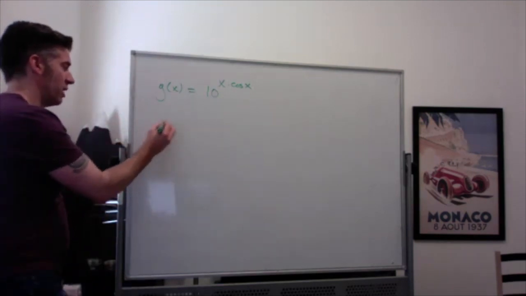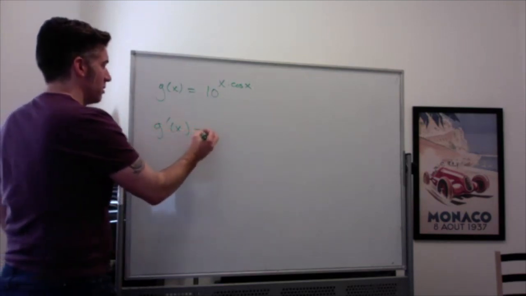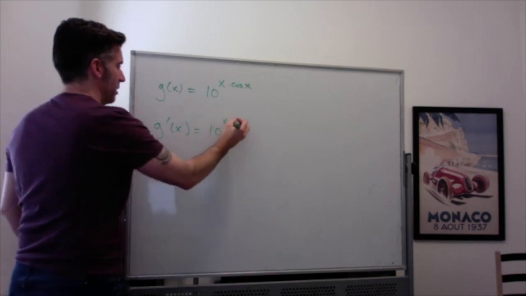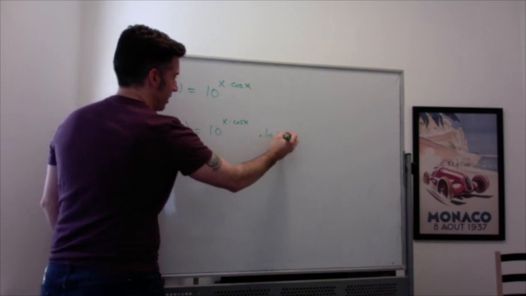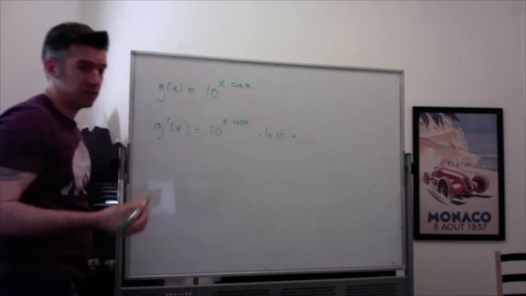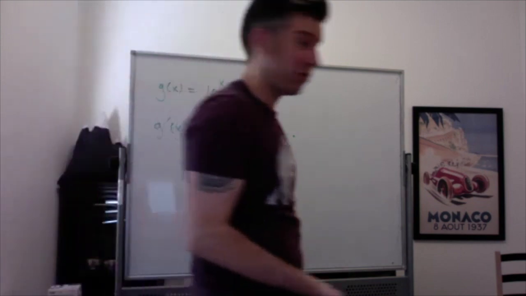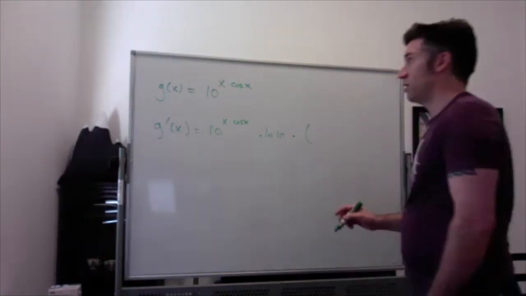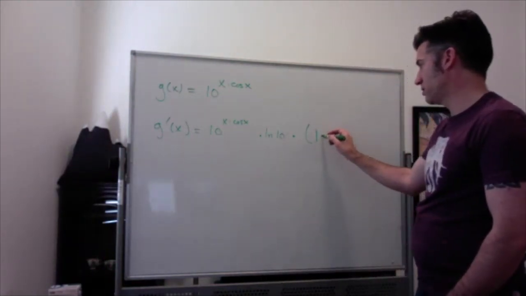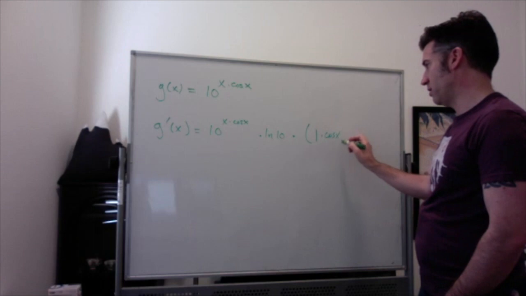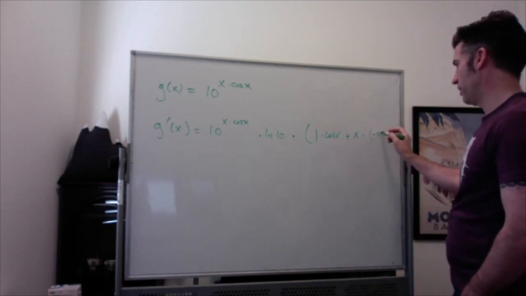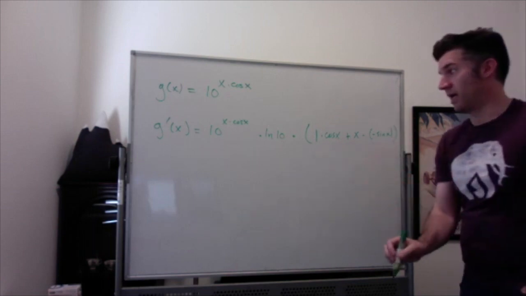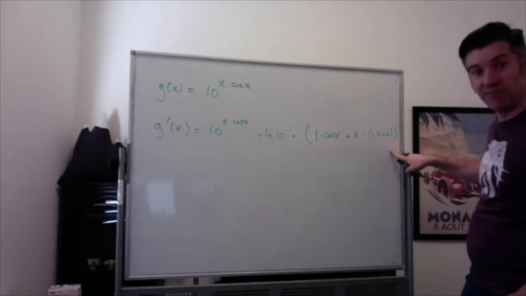So here g prime of x is going to be 10 to the x times cosine of x times the natural log of 10 times the derivative of x times cosine, which is going to require the product rule. So it's going to be derivative of x times not derivative of cosine plus x times the derivative of cosine, which is negative sine of x. And yes, it's times all of this in parentheses.